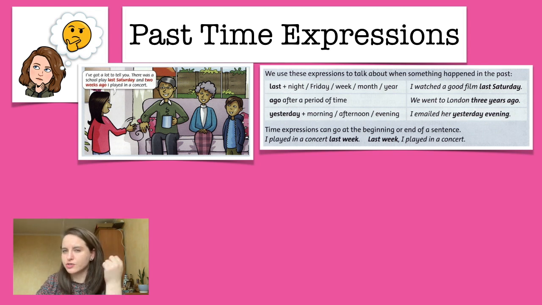But yesterday can also be used with times of the day. So, yesterday morning, yesterday afternoon, yesterday evening, yesterday night. No. We can't say yesterday night. We would say last night. You see? Last with night, but yesterday only with morning, afternoon, and evening.